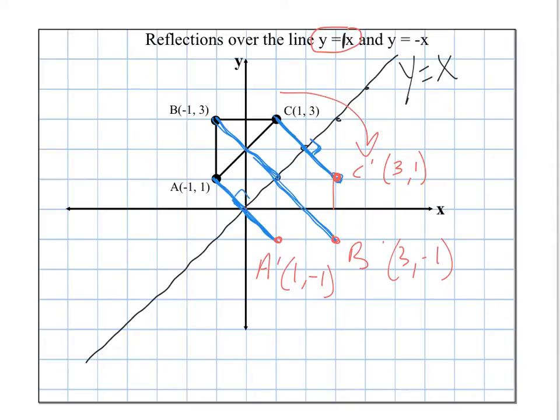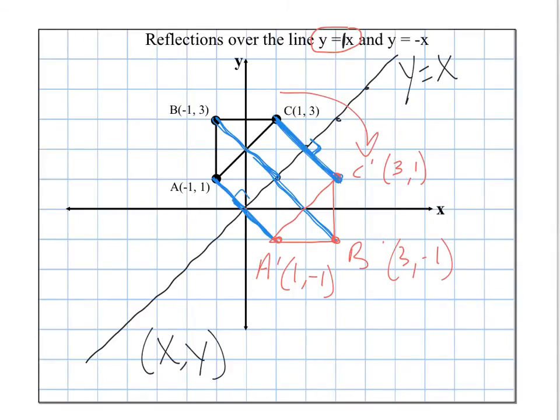Okay, I can connect that, and there I have a reflected triangle over the line y equals x. And I use that concept of this blue line being perpendicular and equidistant from the corresponding points. So now we'll take a look at a general rule of what happens when you reflect over y equals x.